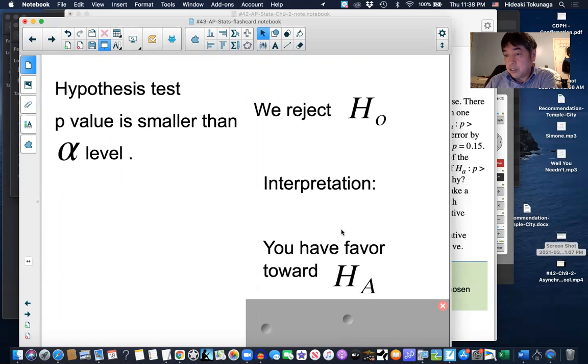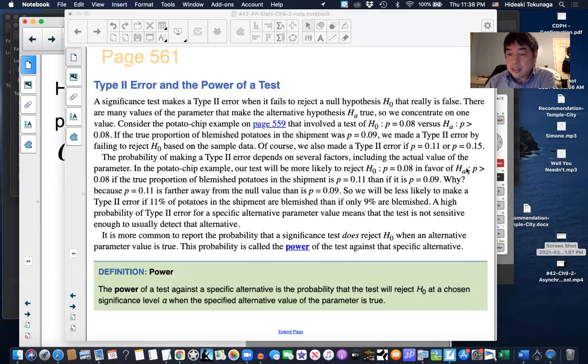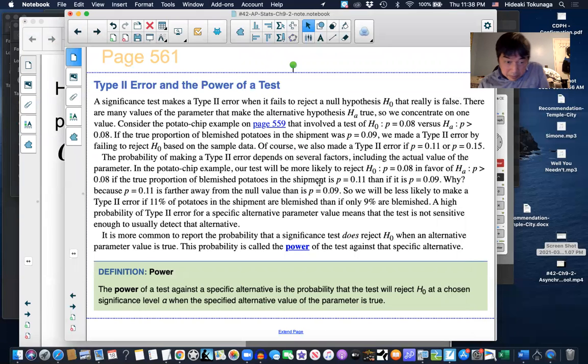We don't write down the interpretations on my test or the AP exam. You have a favor toward the alternative hypothesis, right? So in that case, where was it?